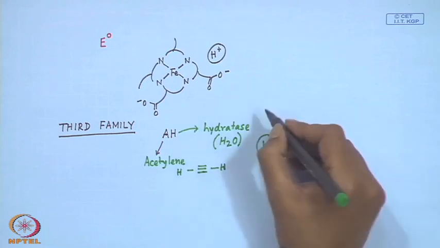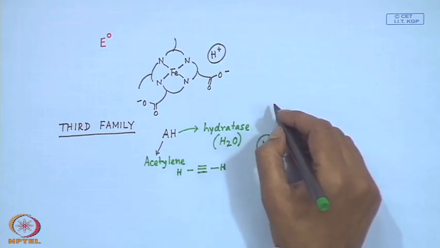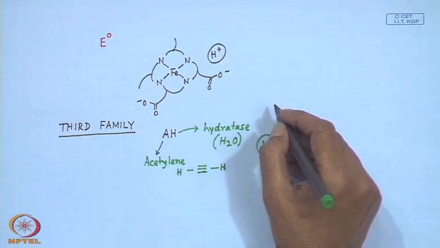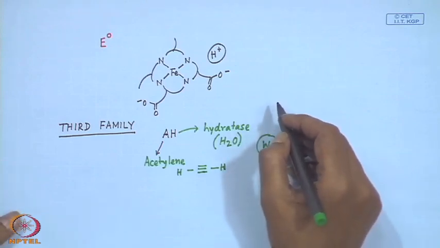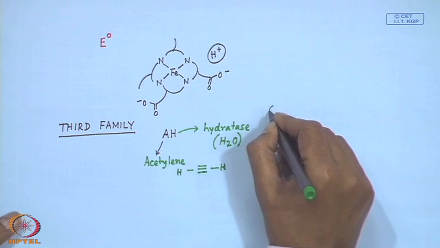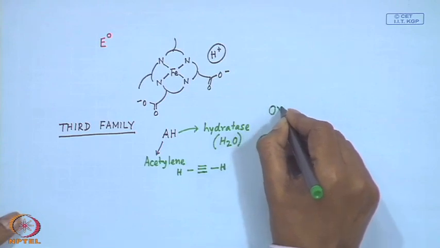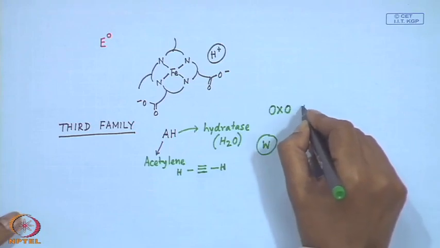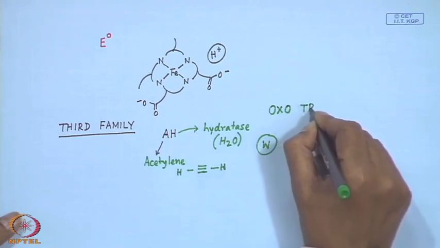So, whatever oxotransfer reactions we have learned so far for the molybdenum group of enzymes and the tungsten group of enzymes, we have seen that the very important reactions for these are oxotransfer reactions.